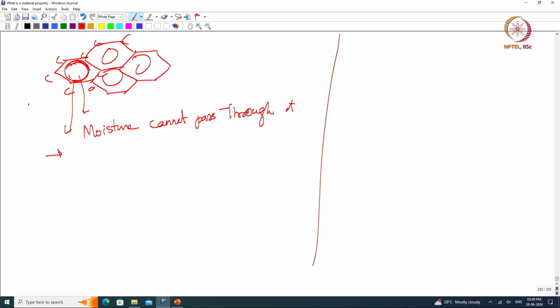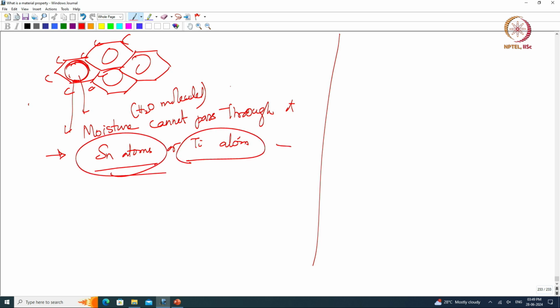So as a result, you are assuming that tin atoms or titanium atoms, moisture meaning H2O molecule, or graphene has this property that I think even helium cannot pass through it or something like that. One of the smallest elements, helium atoms, cannot pass through graphene. So tin atoms or titanium atoms which are clearly larger than helium atoms cannot pass through graphene.